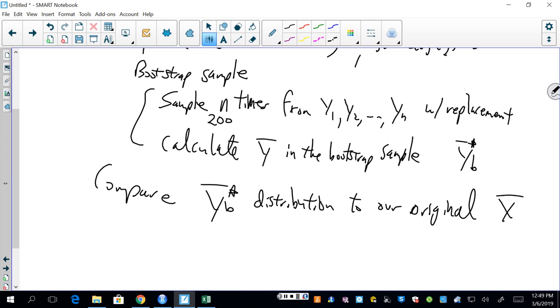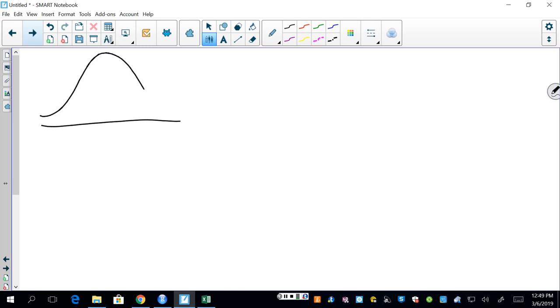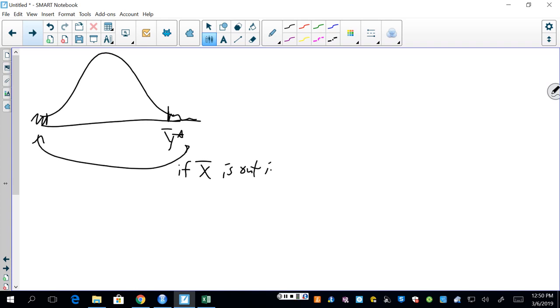If we have a sampling distribution, here's our y bar stars, and if our x bar is out in the extremes, out in the tails, and this is centered around mu sub 0, the null of 50 in this case, then we're going to reject the null hypothesis and conclude that the average probably is not 50.